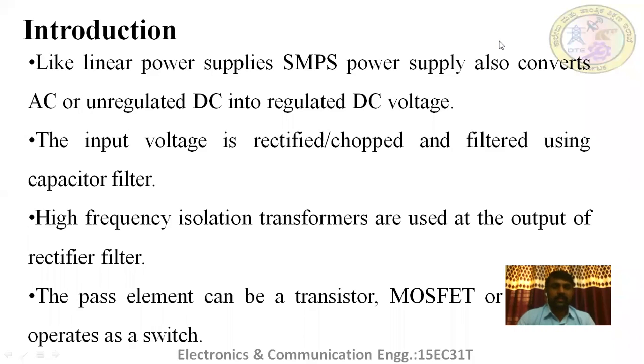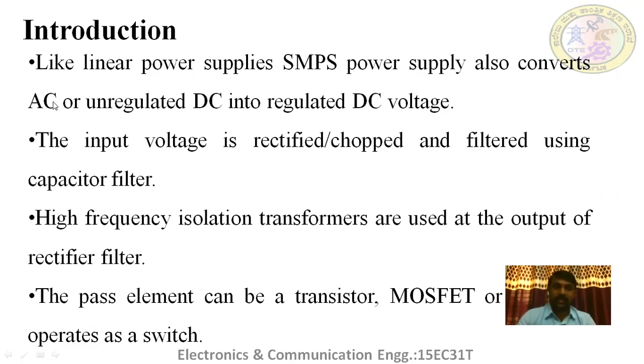As we know that linear power supplies also convert AC input or unregulated DC input to the regulated DC voltage. Likewise, SMPS also converts AC as well as unregulated DC voltage into regulated DC voltage. In SMPS, the input voltage is rectified.